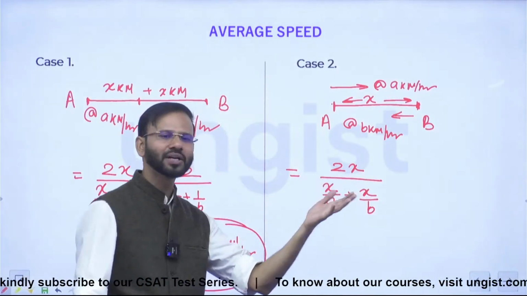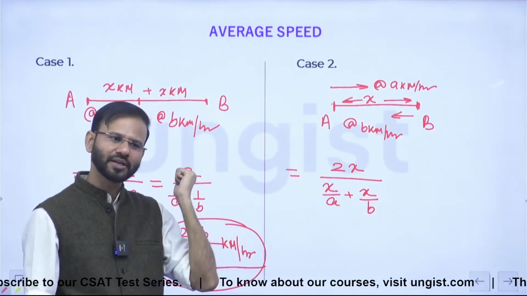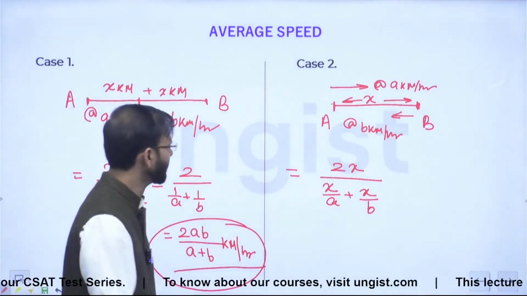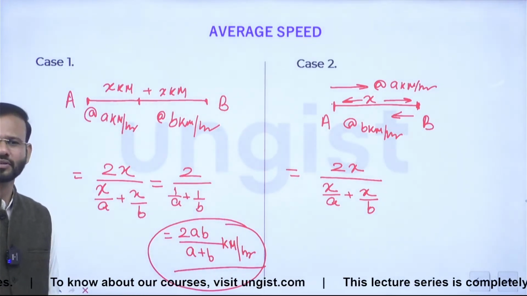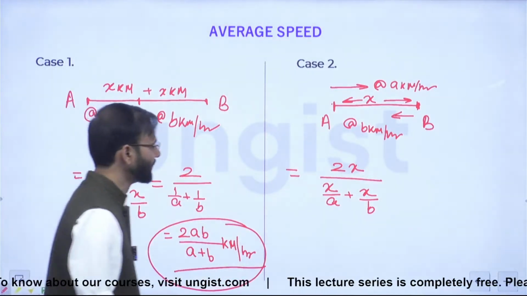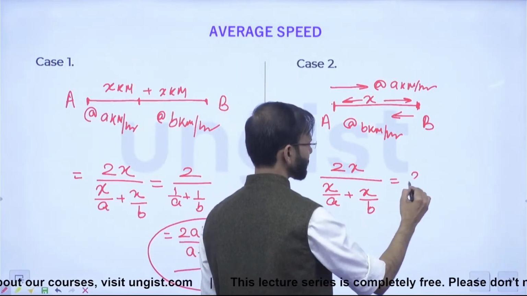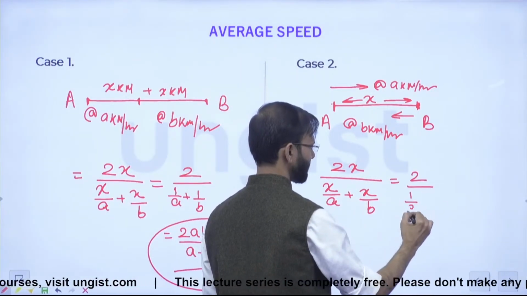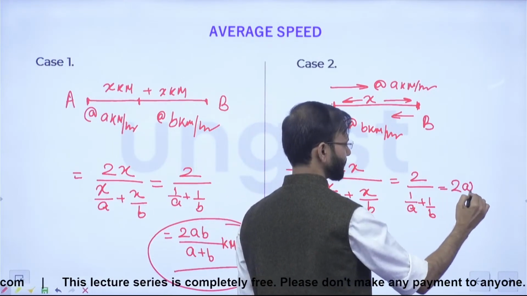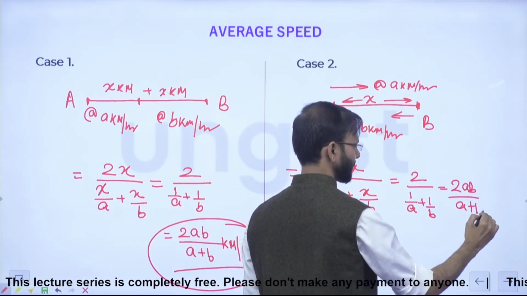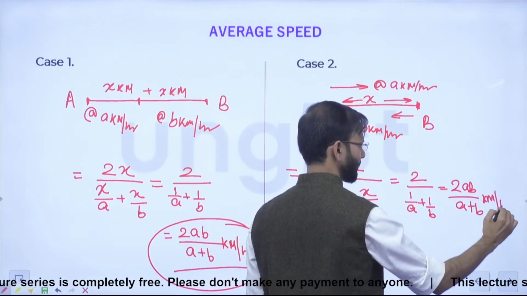Now let's look at these two expressions. They're exactly the same, so obviously the answer that you are going to get is also the same. So this is 1 by a plus 1 by b, so this is 2ab upon a plus b kilometer per hour.